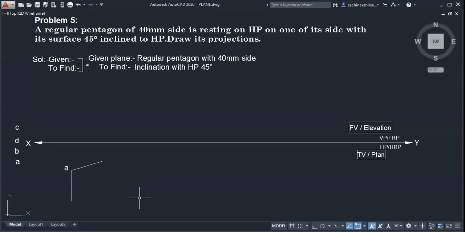In this direction, I have to draw angle 108 and distance 40, like one line.